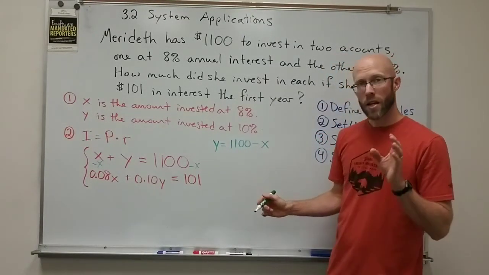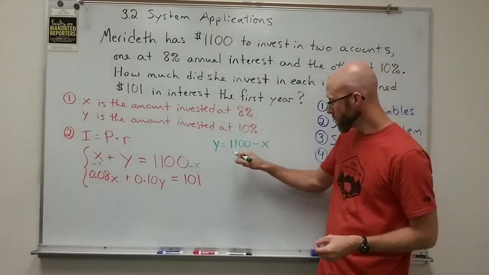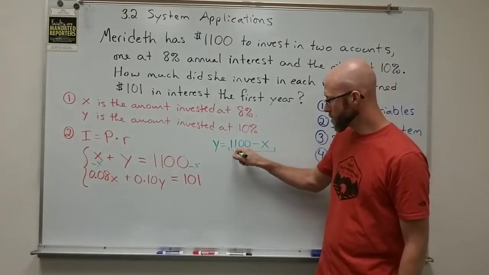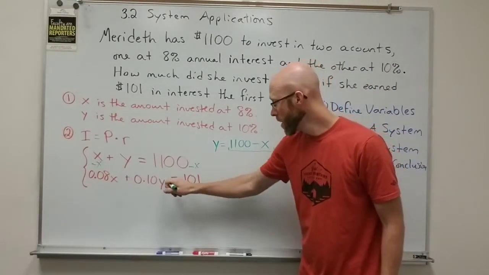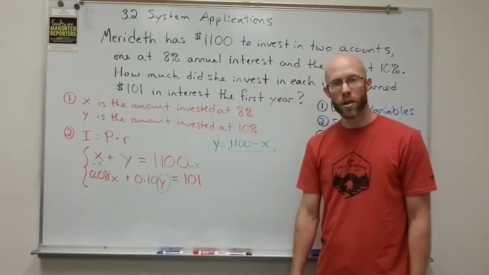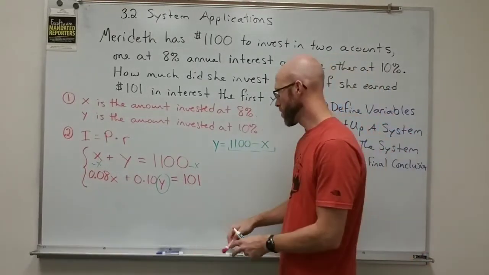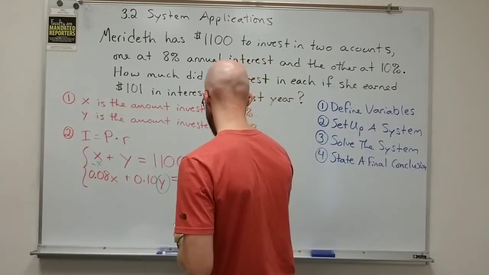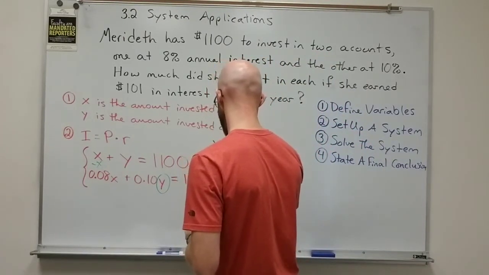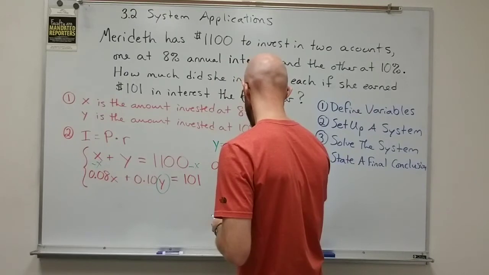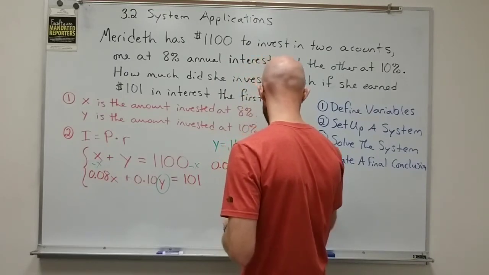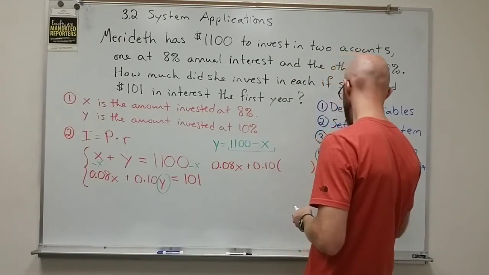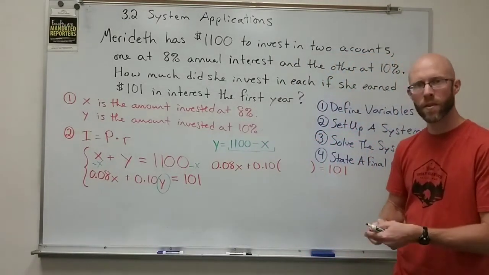Then I'm using substitution, so I'm going to take that expression and substitute it in for the y in the other equation. And so the other equation becomes 0.08x plus 0.10 times this new quantity, which will equal 101.